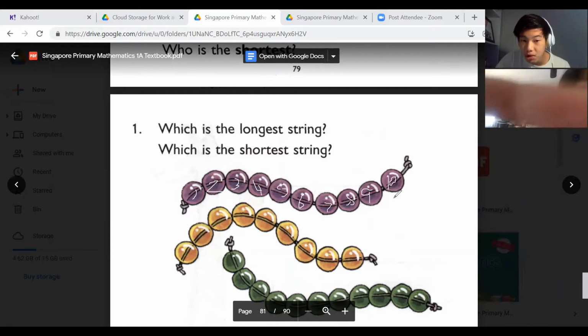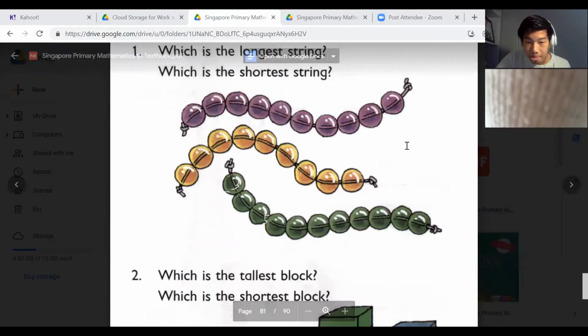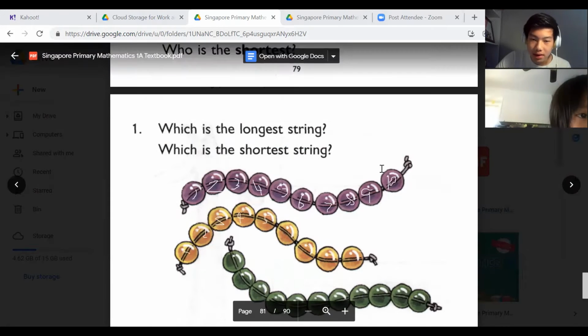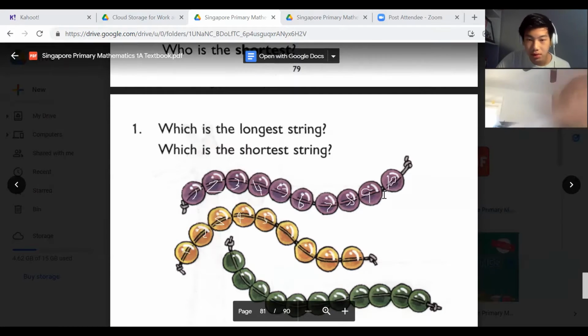So the string with the purple beads has a total of 10 beads, okay? The green one is the longest. The yellow one is the shortest. Wow, nice job. Okay, so yeah, the purple one has 10, the yellow one has 9, and the green one has 11. So that makes green the longest one. Nice job.